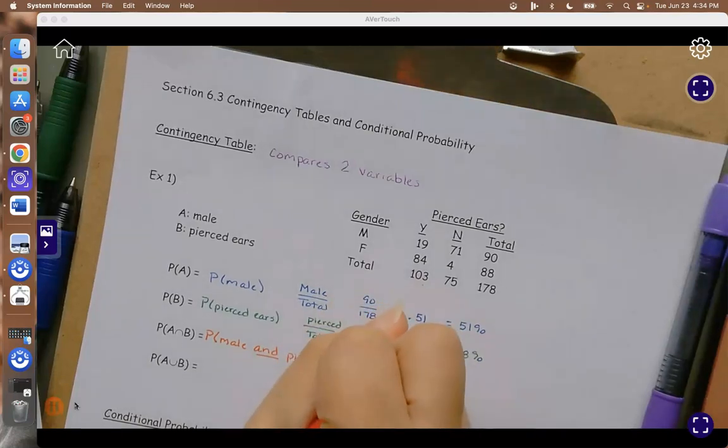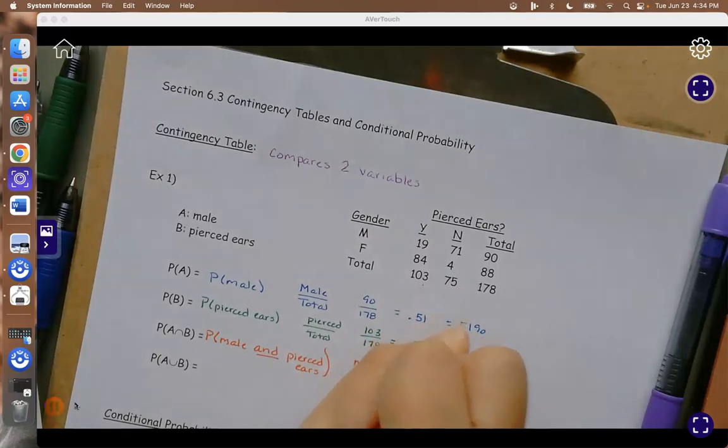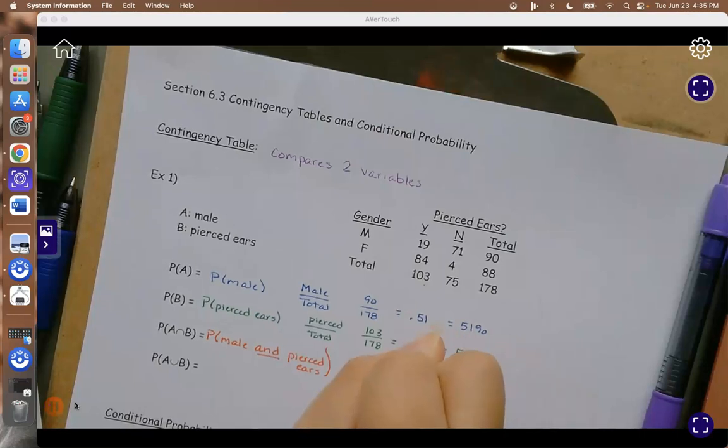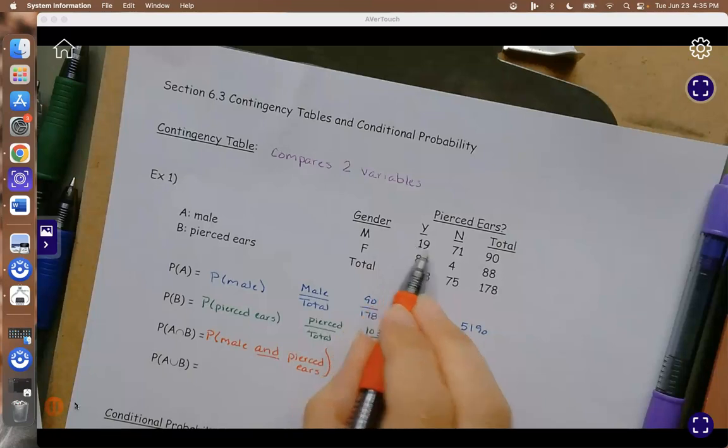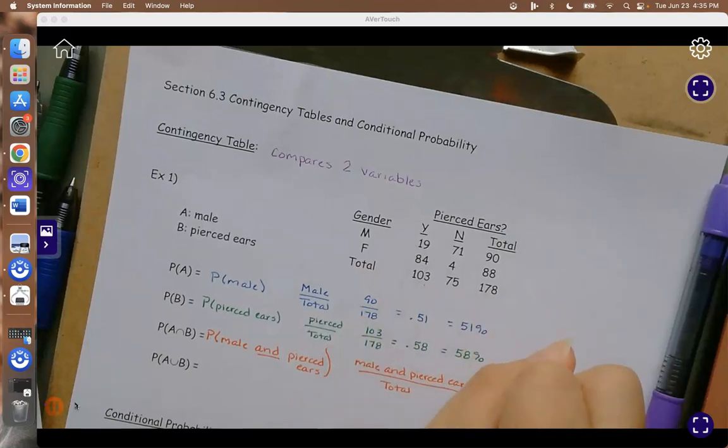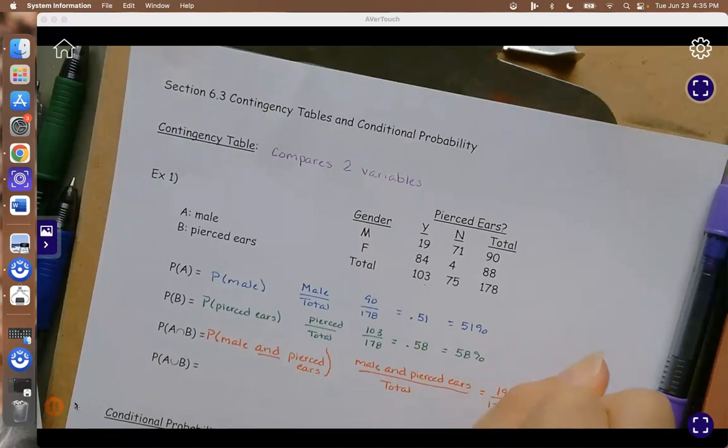So we're going to do male and pierced ears over the total. So male pierced ears are 19 out of 178, and that's going to become 0.11, which is 11%.